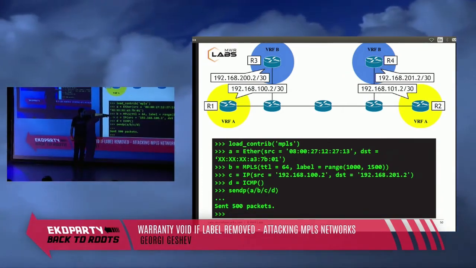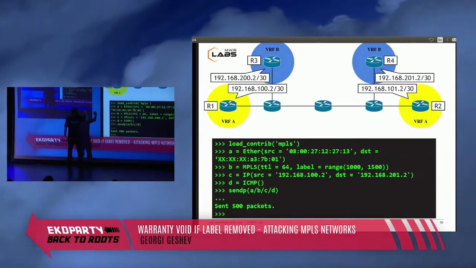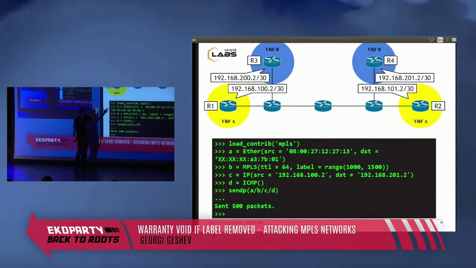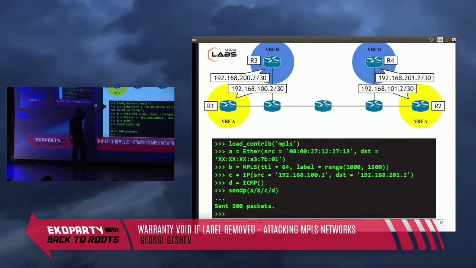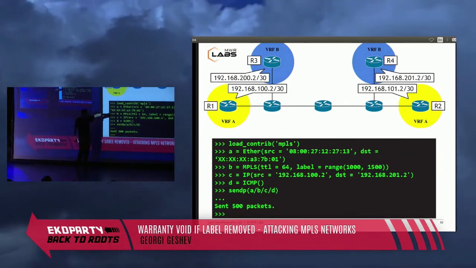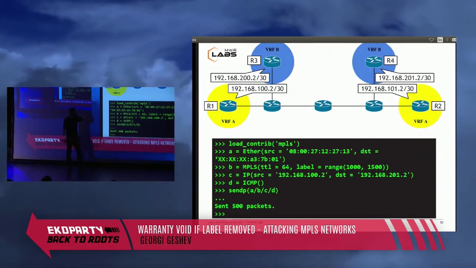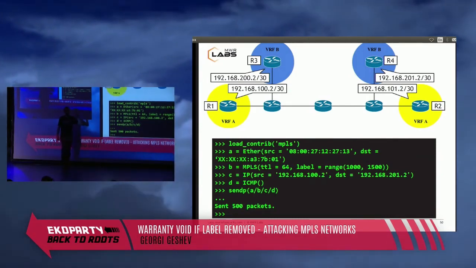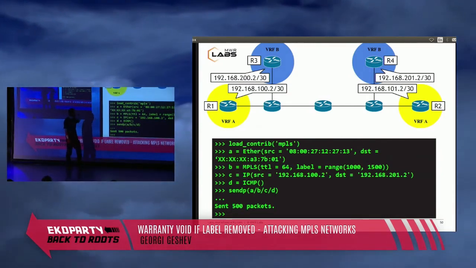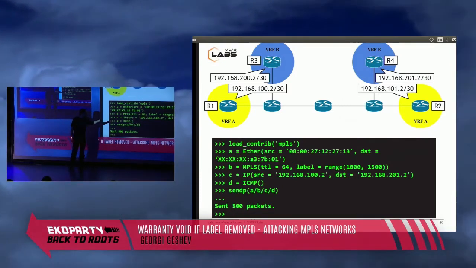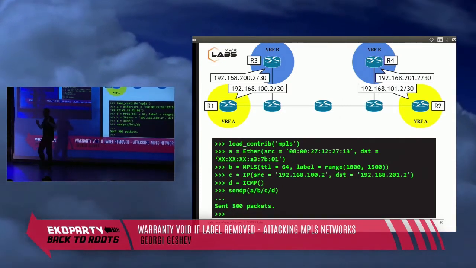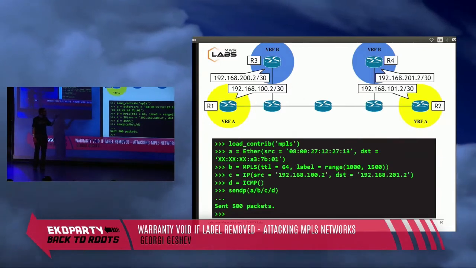Then we have the MPLS layer setting the TTL to 64, or anything above; in this case, 4 would work. And then setting a label range from 1,000 to 1,500. This will generate 500 ICMP packets. These are basically ICMP echo requests encapsulated with MPLS labels from 1,000 to 1,500.